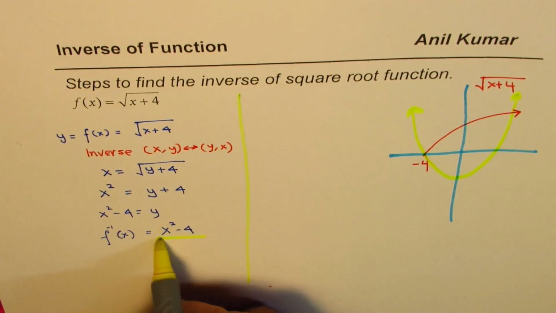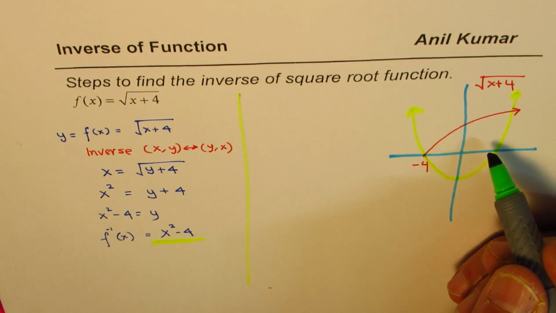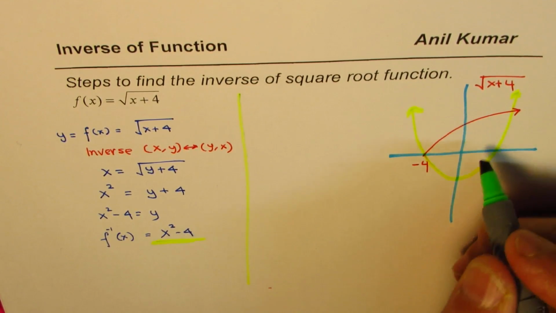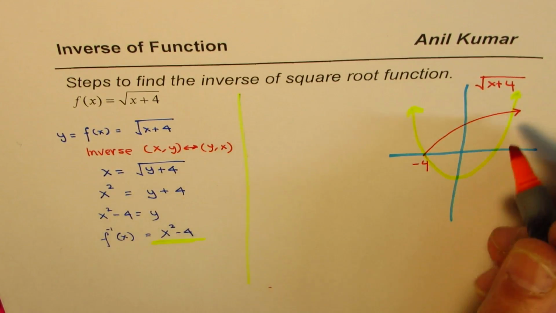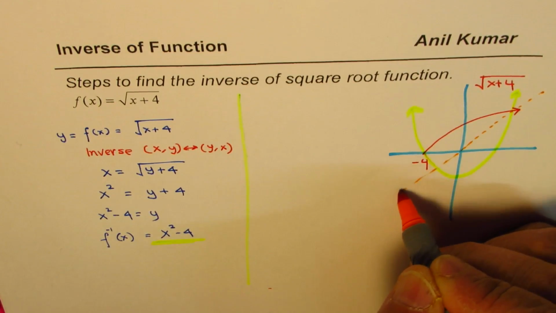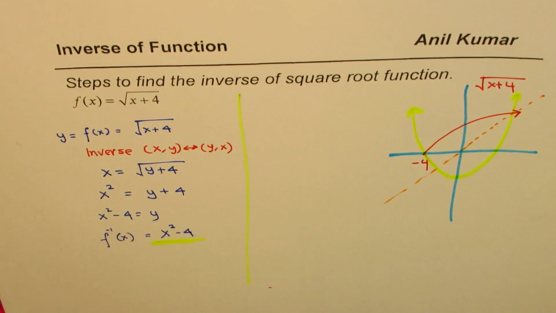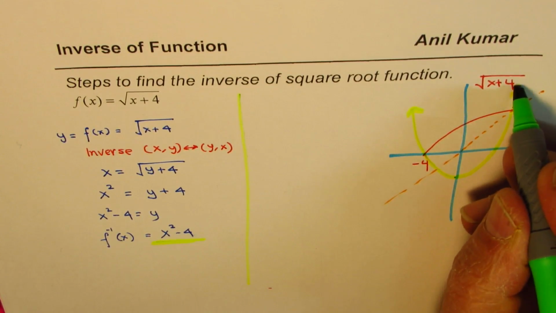Now this equation is that, correct? Obviously this is not correct. We are looking for that, and if I have to reflect it on the line y equals x, what do I get? I should get a solution which should be kind of like this.